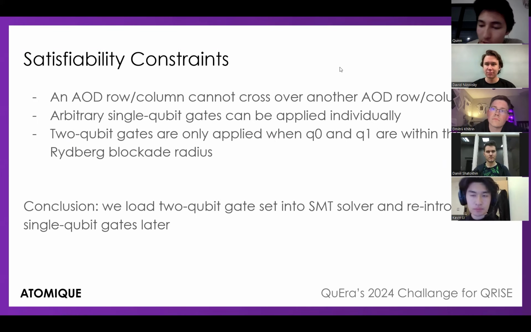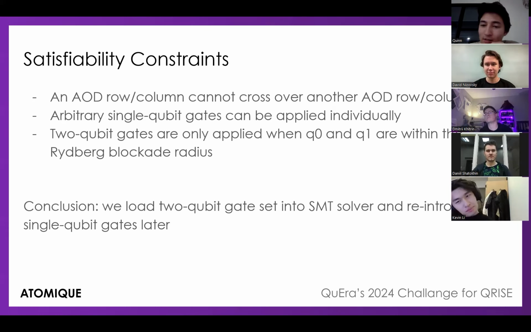Just a quick review of the recent work which has been done. There are several constraints that are placed on reconfigurable atom arrays. I think most notably is that an AOD row and column cannot cross over another AOD row and column.